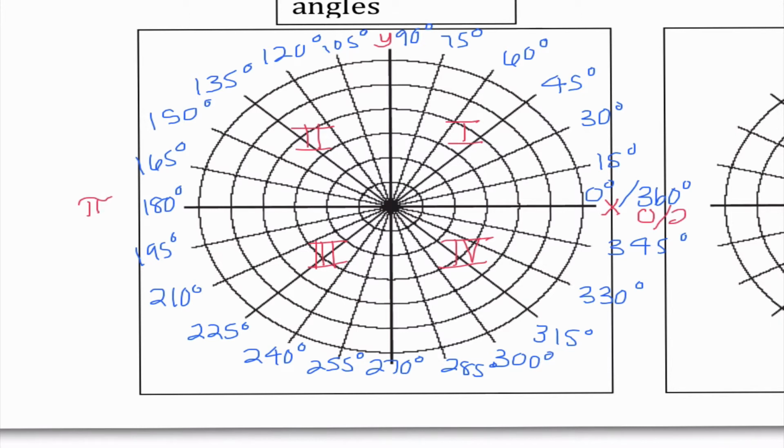If I go all the way around again, it would be like 2 semicircles, so we would call it 2 pi. Up top, where we would think of 90 degrees, that's actually half of a semicircle, so I would call it pi over 2. And down below here, this is like 1.5 semicircles, so it would be like 3 pi over 2, because that's like 1.5.